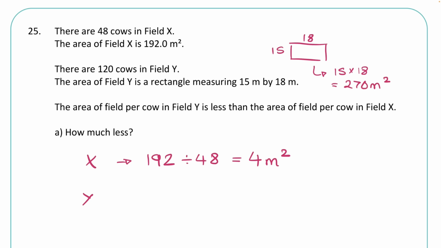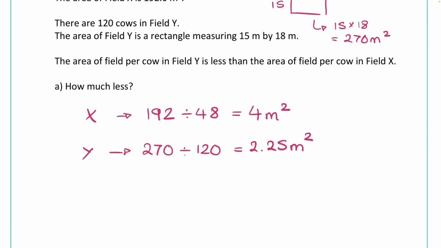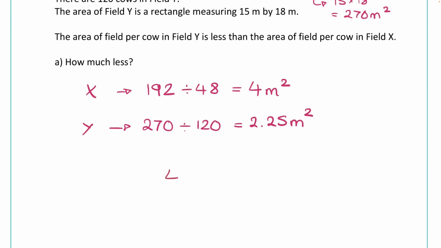Now there are 120 cows in that field, so 270 divided by the 120 cows, let's do that on the calculator, and that comes out as 2.25 metres squared. So when looking at the difference in the area here, we have the 4 metres squared, we can subtract the 2.25 metres squared, and 4 take away 2.25 is equal to 1.75.